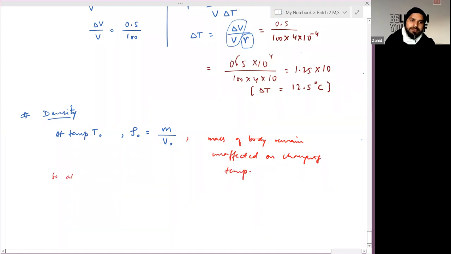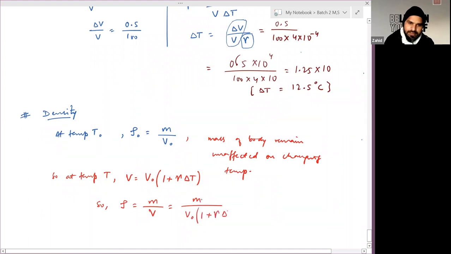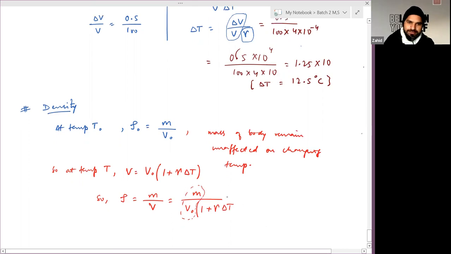So at temperature T, final volume will become V naught times 1 plus gamma delta T. So on increasing temperature, volume of object will increase. So if you put in the above expression, you will get rho equals mass divided by V naught times 1 plus gamma delta T. Mass divided by volume is nothing but initial density, we can write it as rho naught.